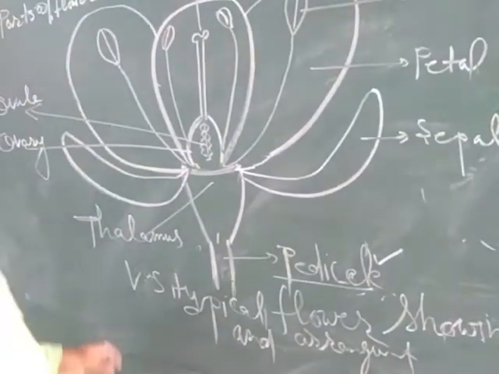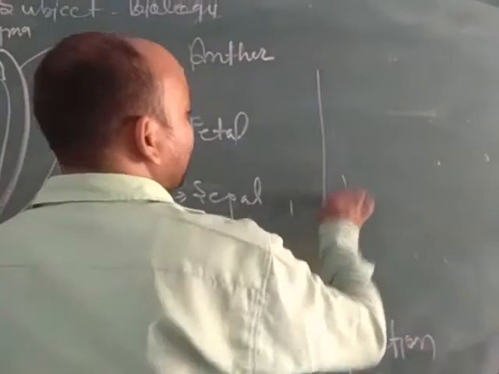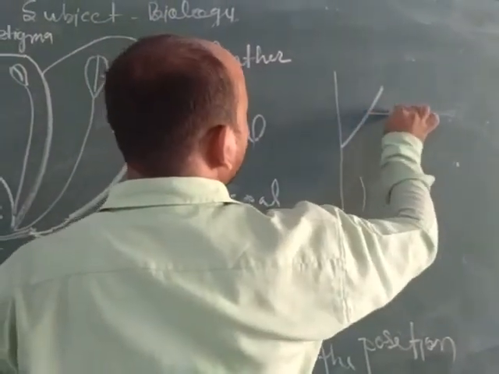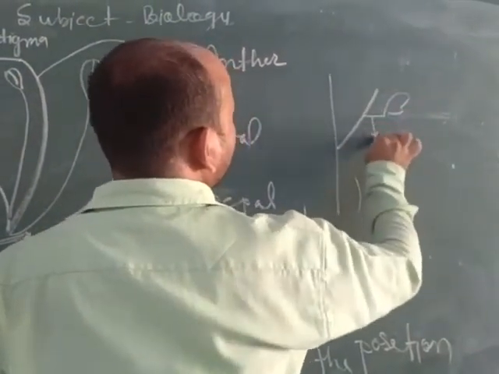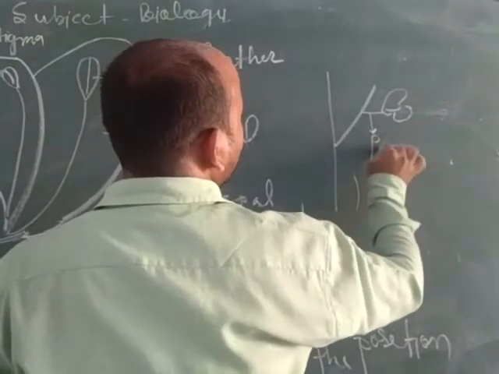If there is a plant with a branch and a flower, this portion through which the flower is attached to the branch is called pedicel.